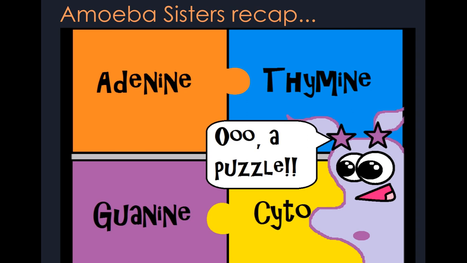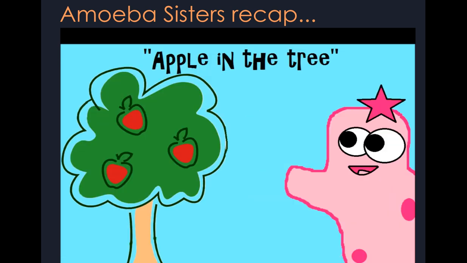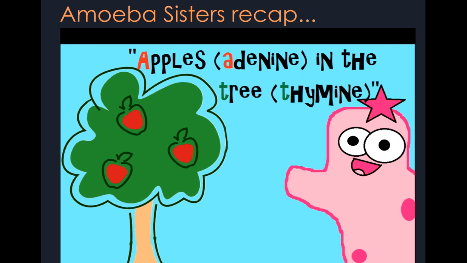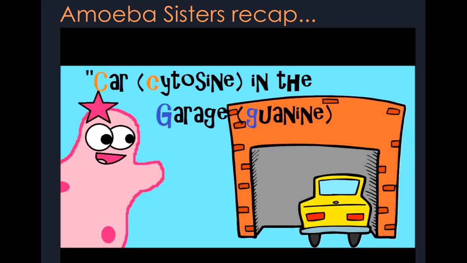And if you don't have them paired correctly, or maybe they get mismatched, that's actually what we call a mutation, which we'll get to a little bit later. But here's the little way you can remember it. Apples in the tree. That tells you that A for apples, T for tree, A and T always go together. And then the other little verse is cars in the garage. That can help you remember that the base C always goes with the base G. And so you kind of know how they match.